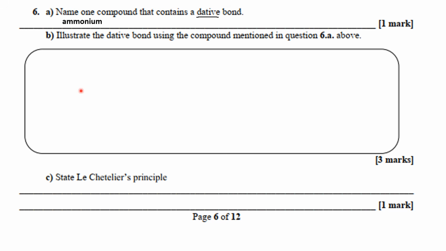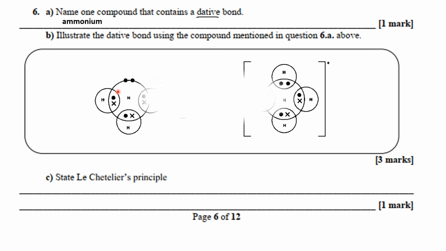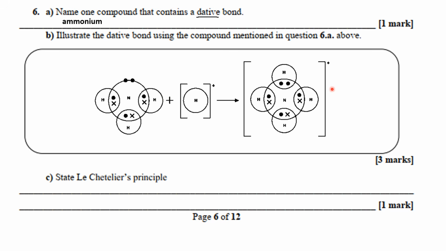Welcome, learners. So this is called ammonium ion, NH4 plus. Well, this one here is ammonia, NH3.